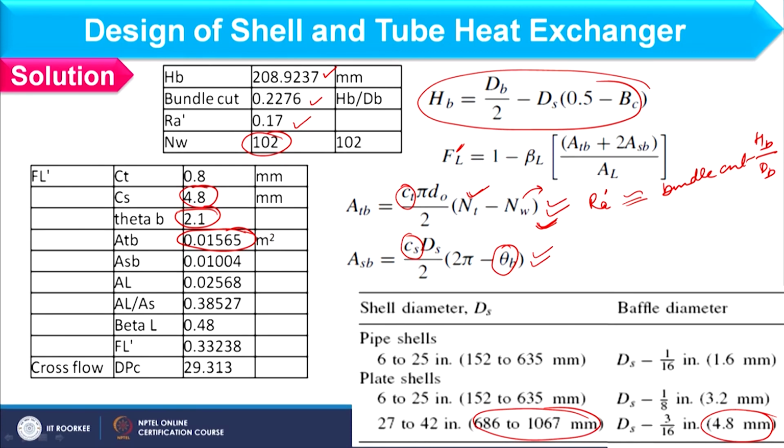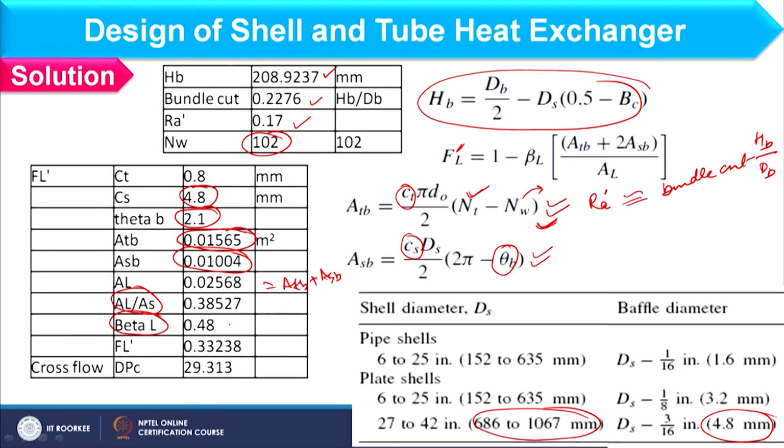So, you can go through that lecture, and considering all these values I can find out ASB as 0.01004, and then we can consider AL, which should be equal to ATB plus ASB. Okay. So, addition of all these will give the value of AL, and then after that we can find out ratio of AL by AS, and based on that I can see the value of beta L from the graph, right.